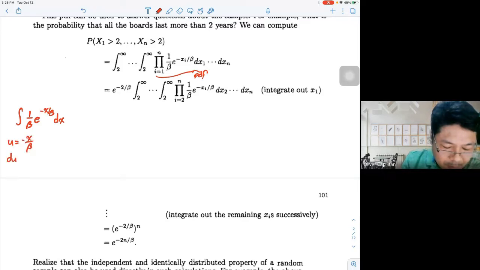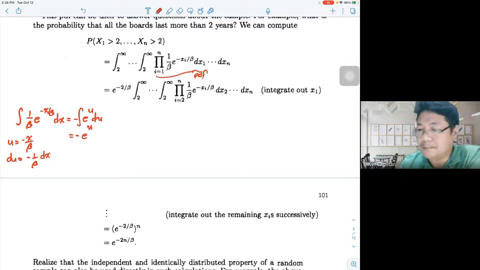So the differential of u is equal to negative 1 over beta dx. So this is just equal to the integral of e to the u times negative du. So we have negative e to the u, and this would be just equal to negative e to the negative x over beta.